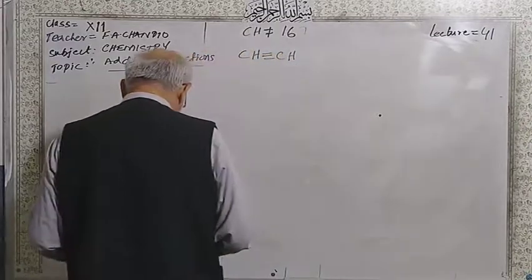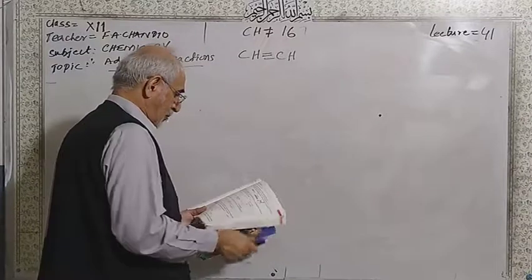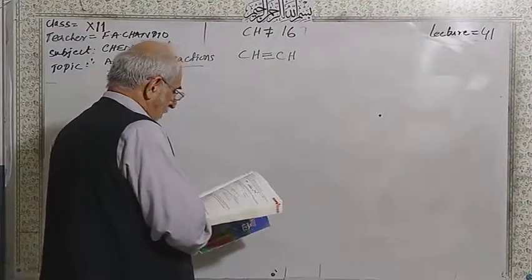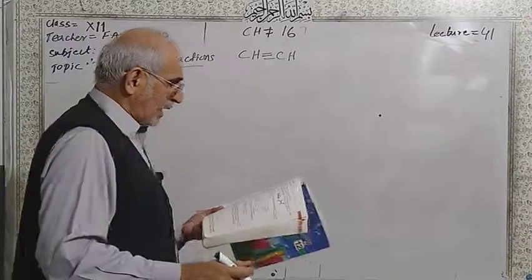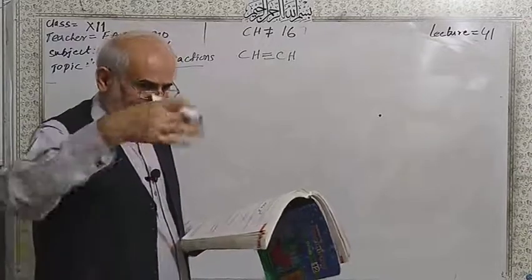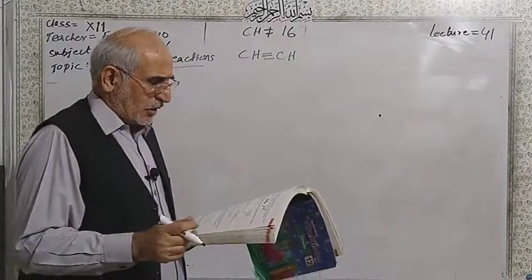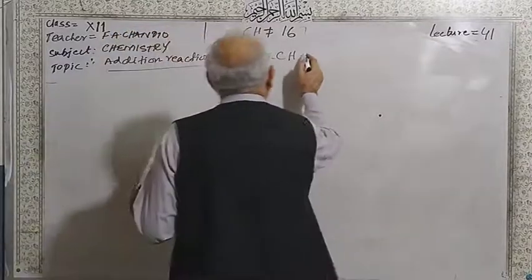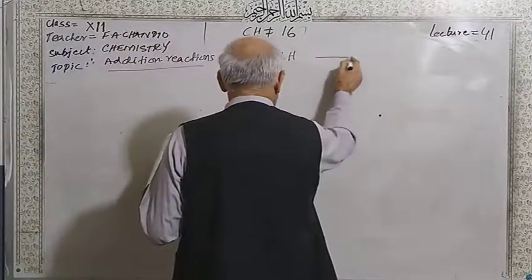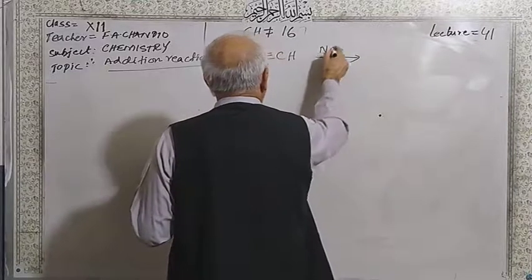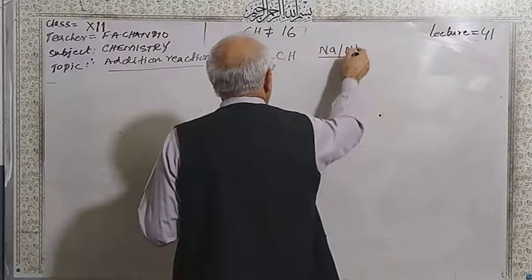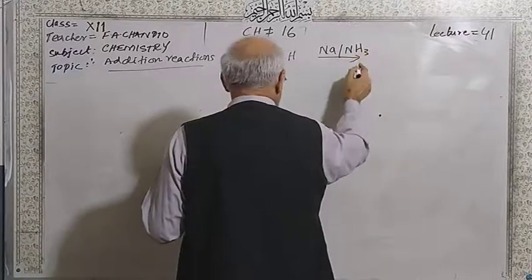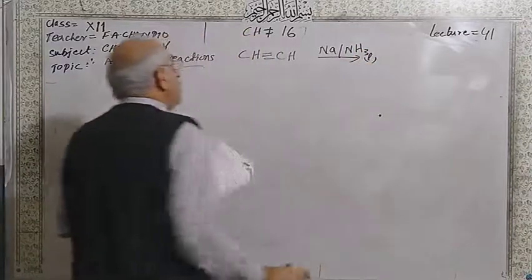So dear students, if you have alkynes, alkynes can be reduced by addition of hydrogen to give trans alkenes by using sodium in ammonia solution.